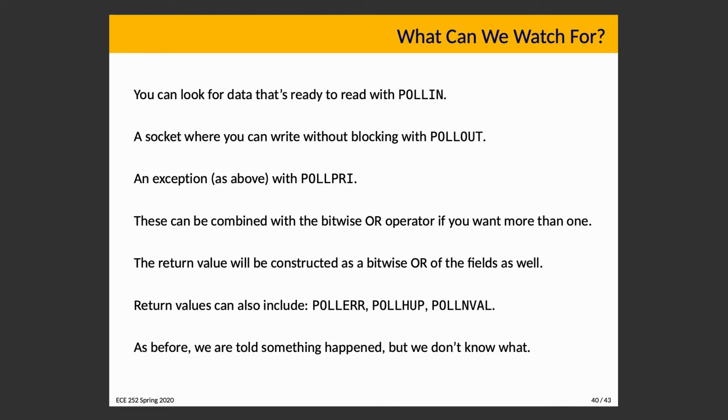So if they closed the socket they were communicating with, then that is sent over to us as a hang up event. And POLLNVAL is for invalid, and it's what happens if there's a problem with the socket, like it's not initialized. For example, you try to add a socket that isn't initialized to the poll set to watch, and it will tell you no, it can't, by having the return type be POLLNVAL.